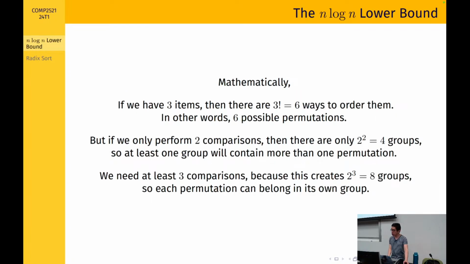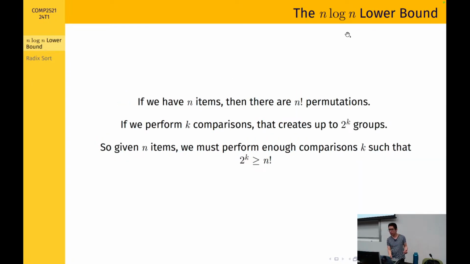Okay, so in general now, if we have n items, then there are n factorial permutations. If we perform k comparisons, right, then that's going to create 2 to the k possible combinations of true-false results. So if we have n items, then we need k comparisons such that the number of combinations of results, 2 to the k, is greater than or equal to n factorial.